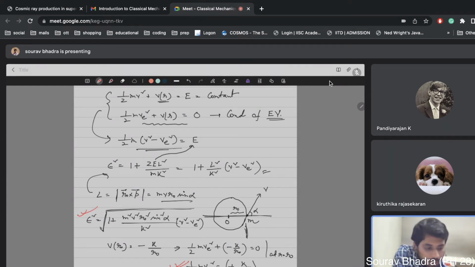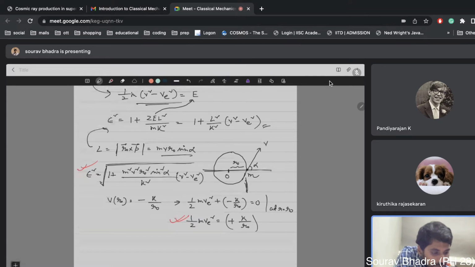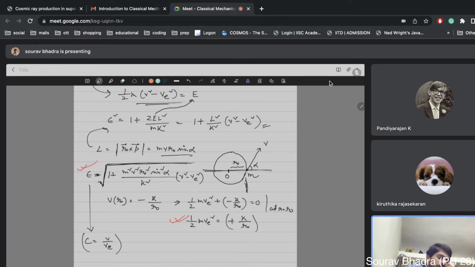Next we will do one substitution in this problem. In this epsilon, it is not epsilon square, because I have given the root over sign, sorry for that. In this epsilon we will substitute the value c. c is actually v by ve, the ratio of the velocity with which I have thrown the particle and the escape velocity at that particular position.